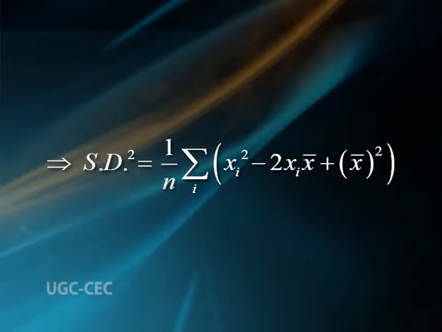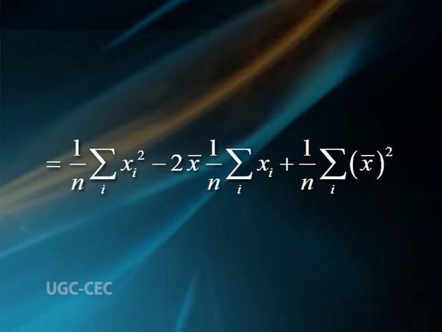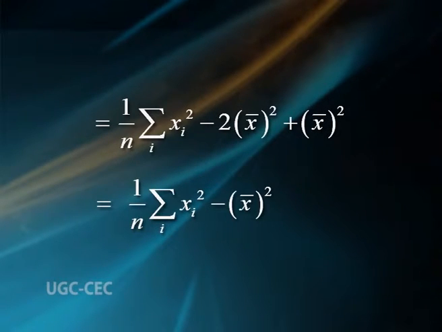This implies SD square equal to 1 by n summation over i (xi square minus 2 xi x bar plus x bar square), that is equal to 1 by n summation over i xi square minus 2 x bar into 1 by n into summation over i xi plus 1 by n summation over i x bar square, that is equal to 1 by n summation over i xi square minus 2 x bar square plus x bar square, that is equal to 1 by n summation over i xi square minus x bar square.